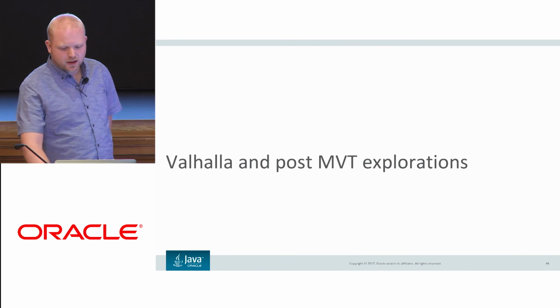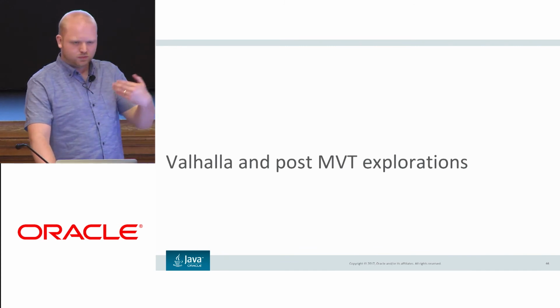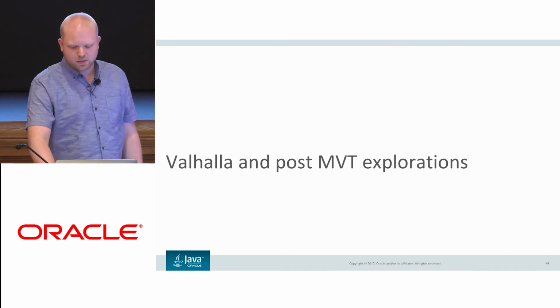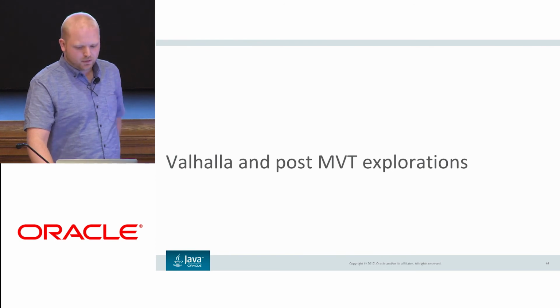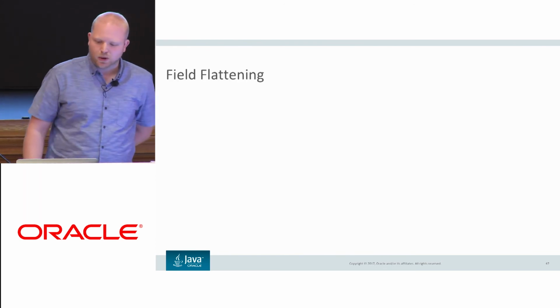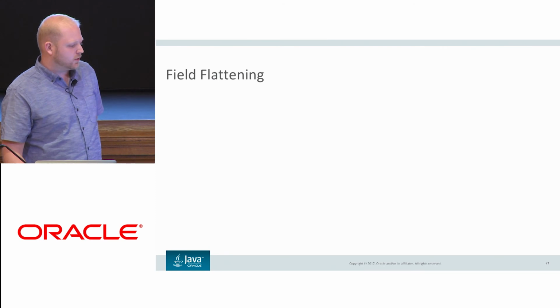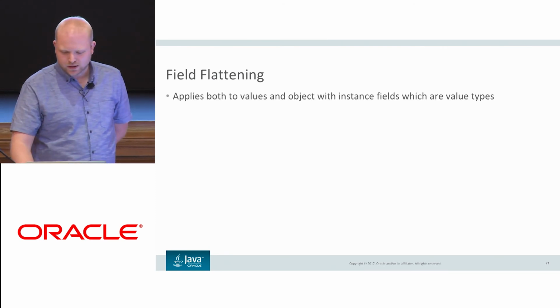We will look at a couple of areas that are not really in MVT, but that we are exploring. Instance field flattening applies to both object fields and value fields.